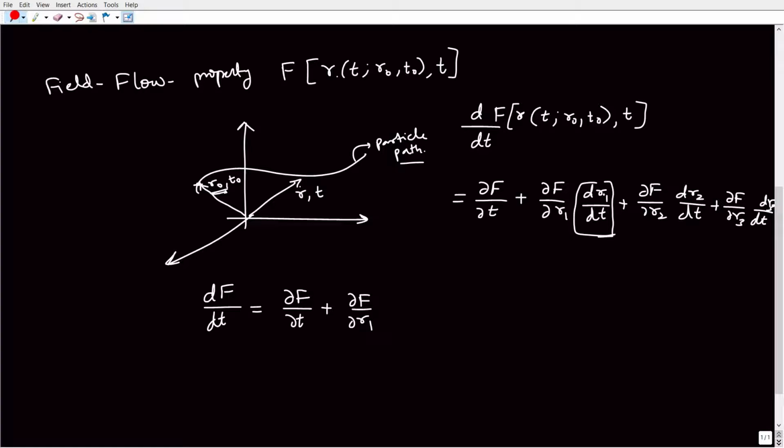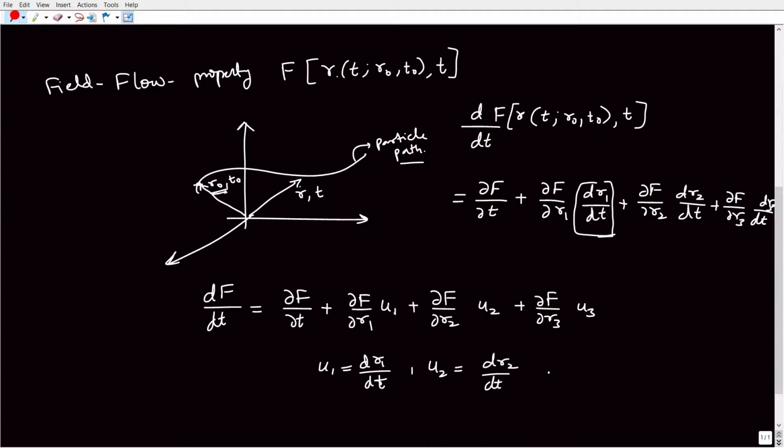When we differentiate the position vector with respect to time, we get the velocity at that point. So we write u1, and del f by del r2 u2 plus del f by del r3 u3, where u1 is equal to dr1 by dt, u2 is equal to dr2 by dt, and u3 is equal to dr3 by dt.